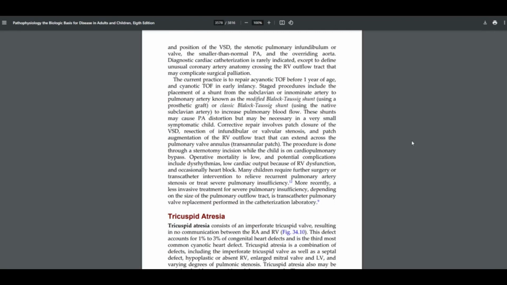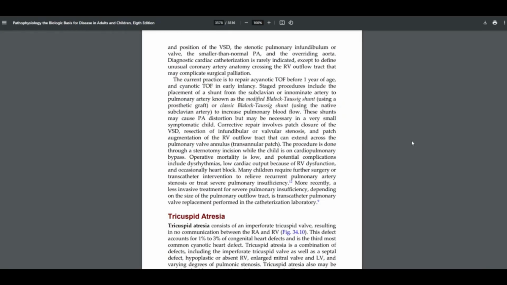Staged procedures include the placement of a shunt from the subclavian or innominate artery to the pulmonary artery, known as the modified Blalock-Taussig shunt, or classic Blalock-Taussig shunt, to increase pulmonary blood flow. These shunts may cause pulmonary artery distortion, but may be necessary in a very small symptomatic child.